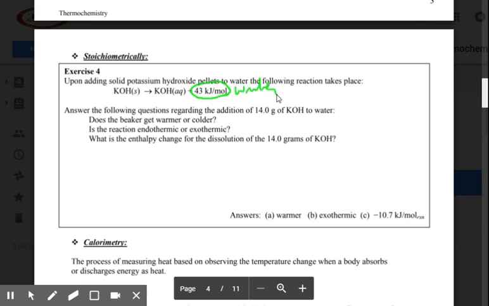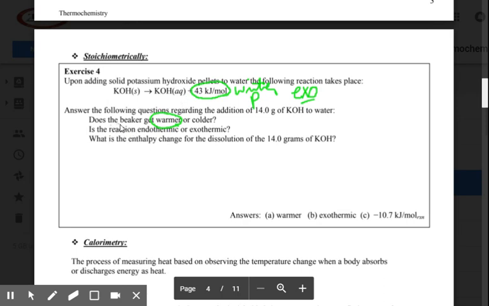Because this is written on the product side, that indicates the reaction is exothermic. And if the reaction is exothermic, then the beaker will be getting warmer. So the answer here is the beaker will get warmer. Our justification is that the reaction is exothermic, so therefore it releases energy to the surroundings.